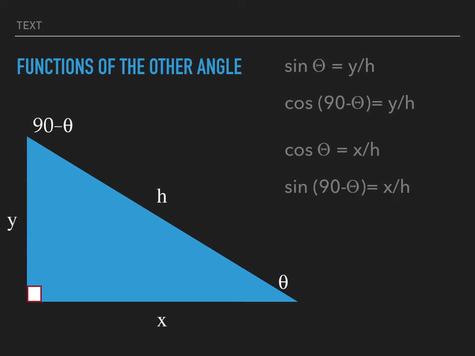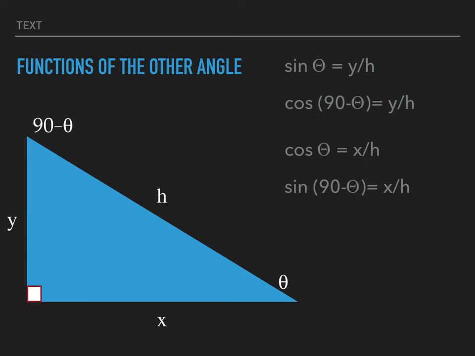Then if we do the sine of the other angle, the 90 minus theta angle, that's opposite over hypotenuse, that would be x over h also. So the cosine of one angle and the sine of the other angle are the same. The sine of one angle and the cosine of the other angle are the same.